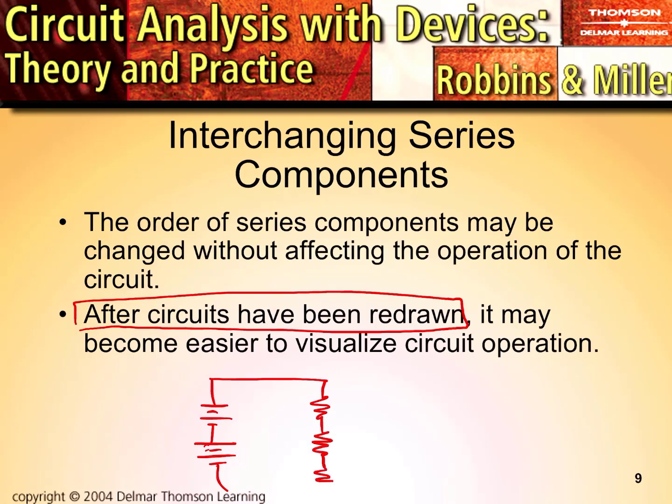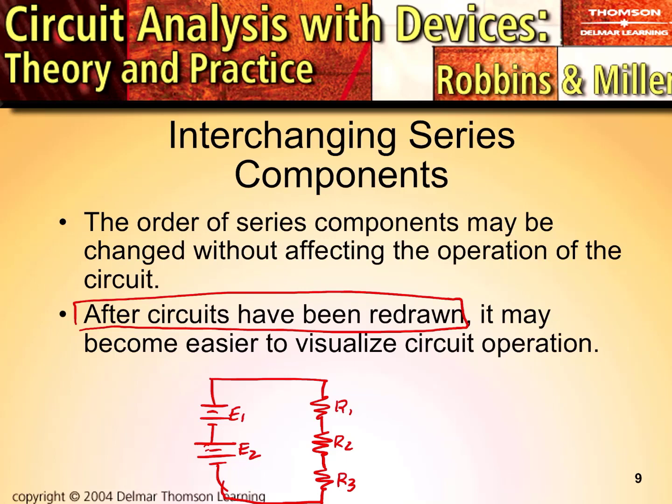So let's say in this case we had 3 loads and 2 sources, E1, E2, R1, R2, and R3. That could be an example of a circuit where we redrew it to put all motivating force to the left, all voltage drops to the right, and represent the circuit as a simple series circuit.